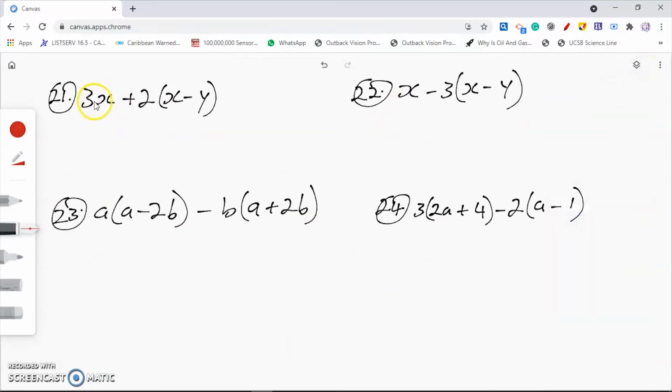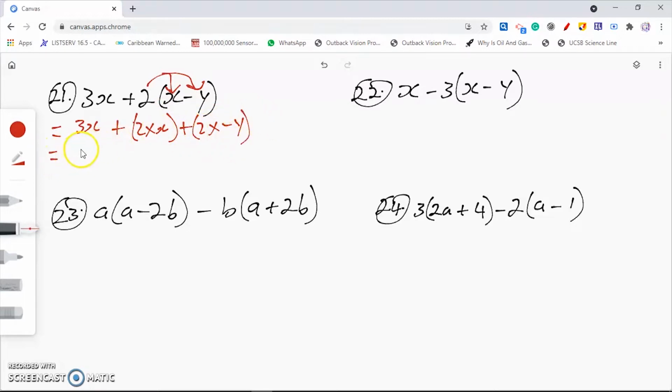So we have 3x plus 2 open bracket x minus y. We will bring down the 3x plus 2. We'll have to multiply the 2 by the x and the same 2 by the y. So plus 2 times x, plus 2 times negative y. Good.